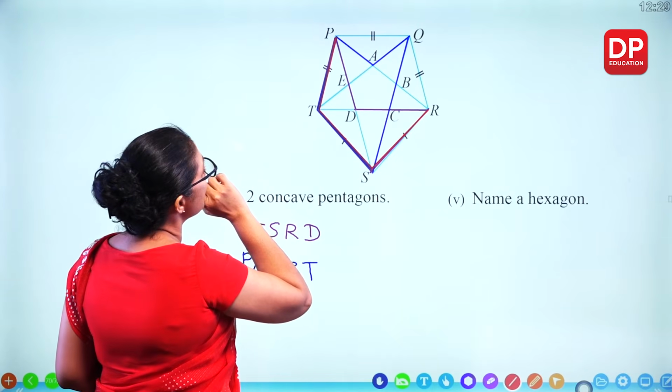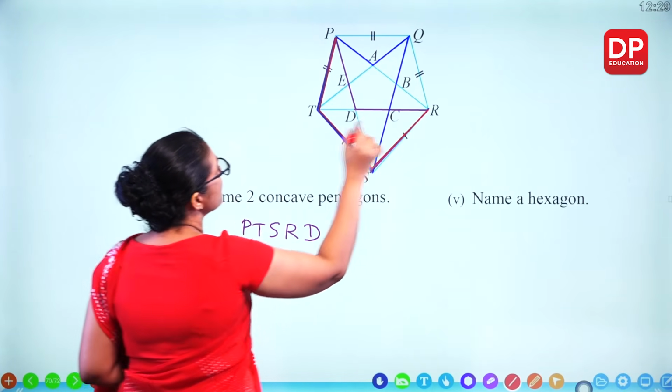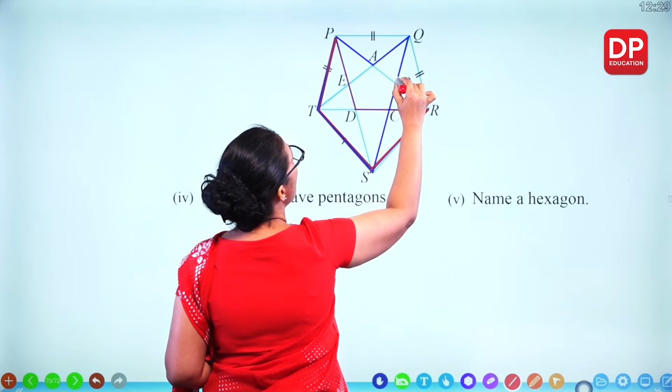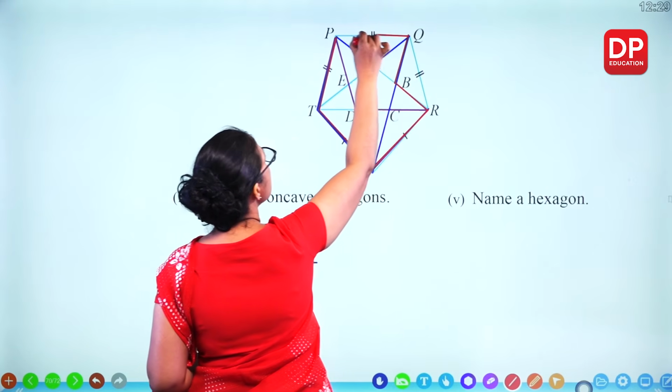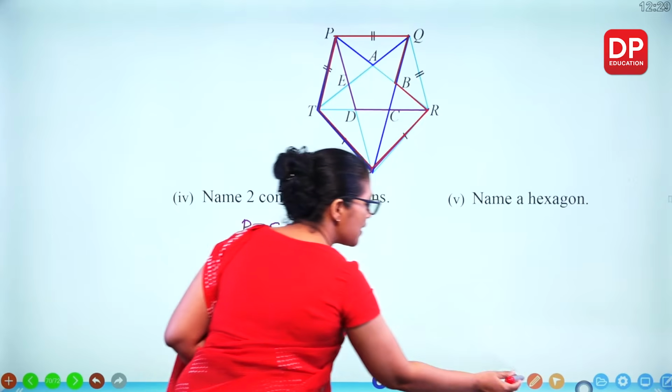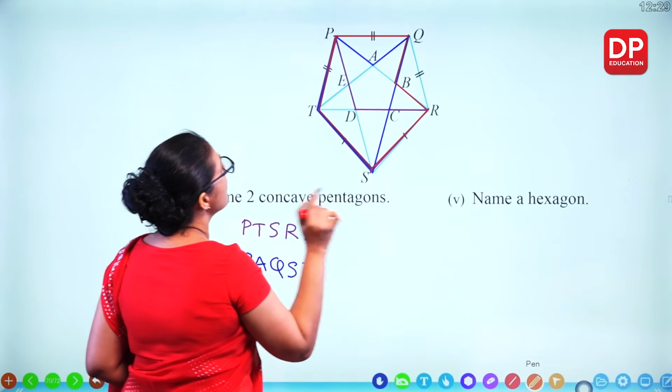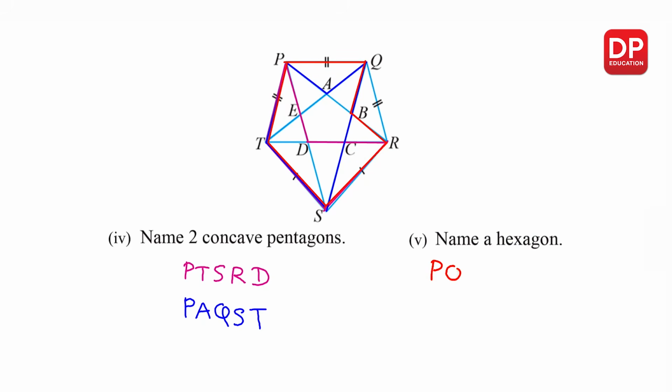We need another 3. 4, 5, 6. 6-sided figure, that's a hexagon. I can label it PQBRST is a hexagon.